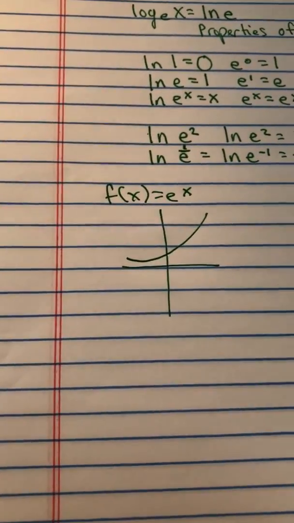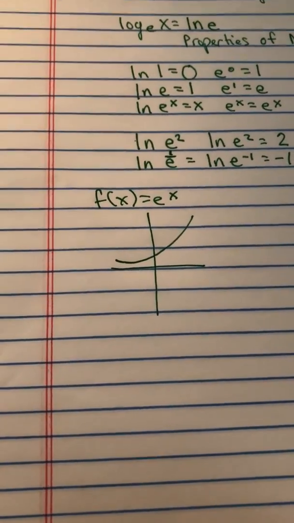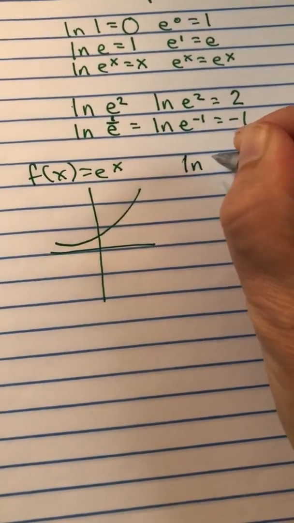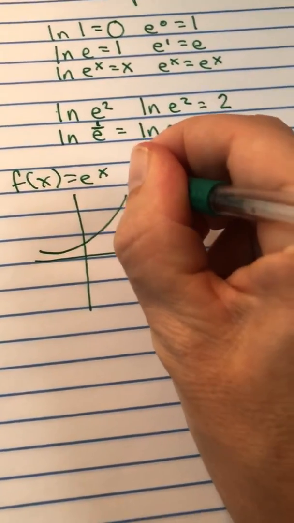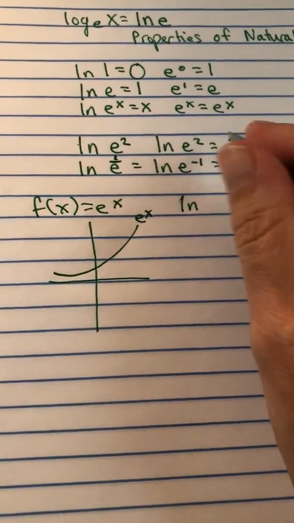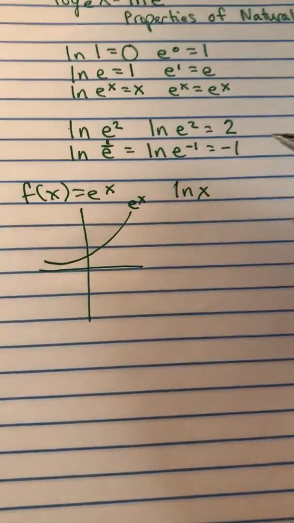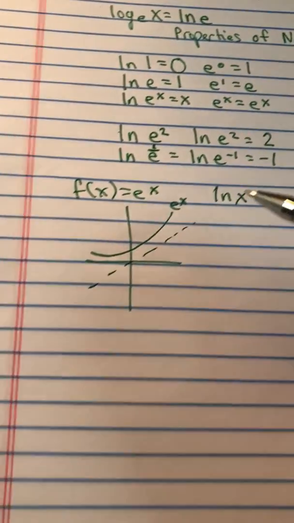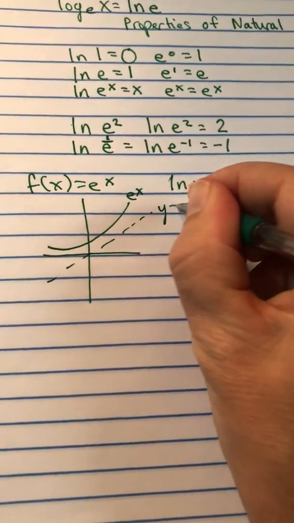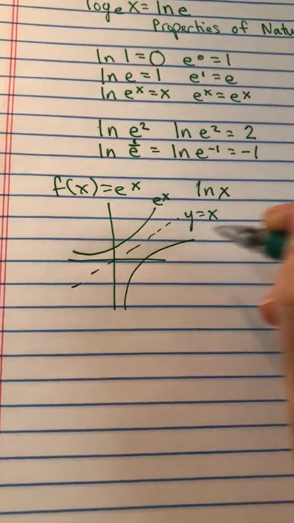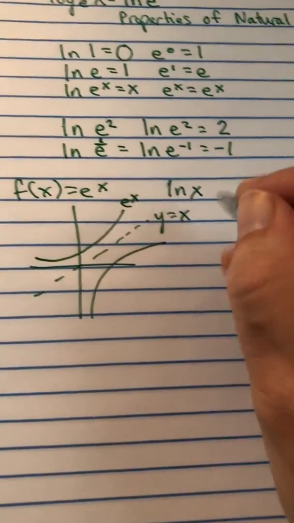And then if we look at the inverse of it, so if we're graphing ln of x, this is e to the x. And then if we're going to graph ln of x, okay, which would be the inverse, we can just reflect that over y equals x. And that's the ln of x.